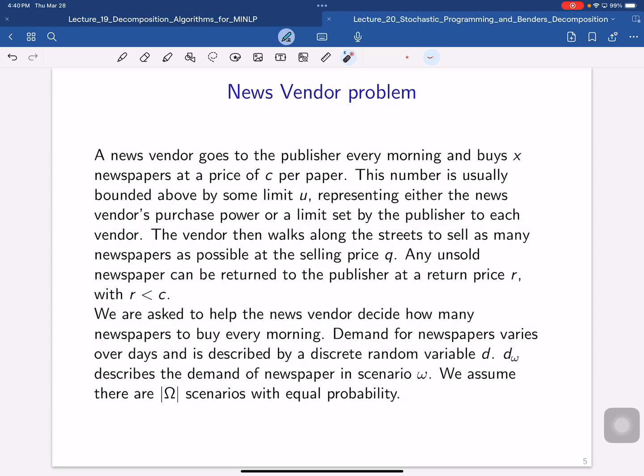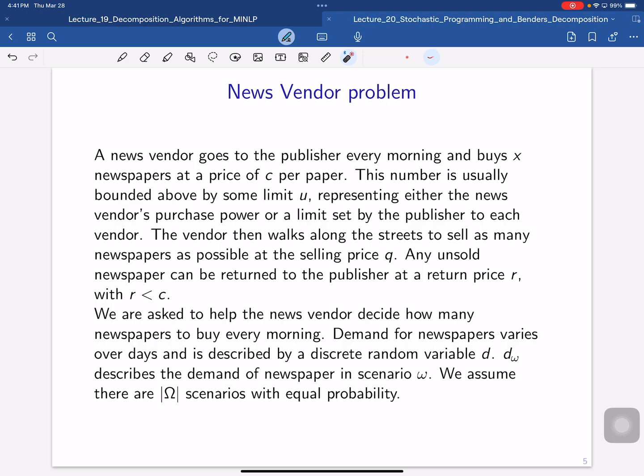There can be a maximum number of newspapers you sell on a given day and a minimum number. And from historical data, you collect those numbers, then perhaps sometimes you even have a forecast model to forecast how many newspapers you are able to sell on the next day.